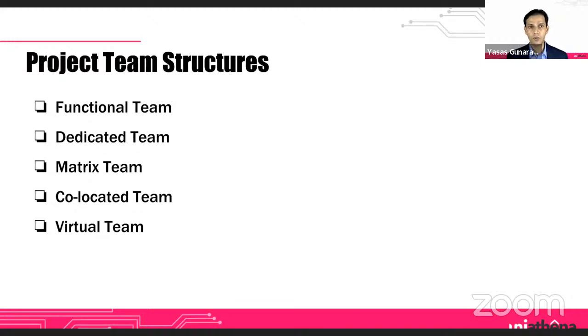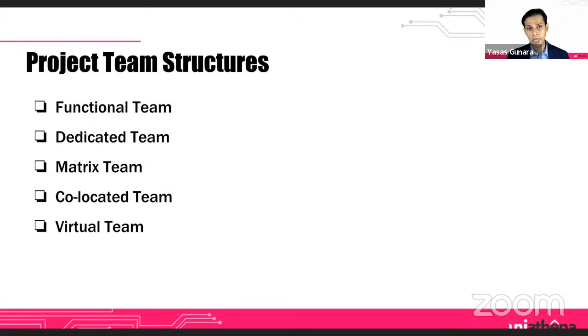Whereas if you take a real-life example, a university MBA project, where a set of students get together to deliver an entrepreneurial project, you would have a dedicated team, because throughout that subject you can't change the team. It's the same team working together from beginning to end. So that's a dedicated team.